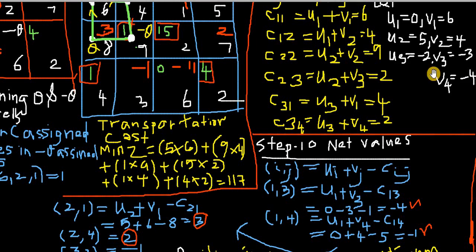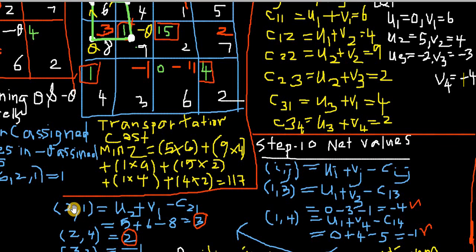It's not a minus 4, it is plus 4. So v4 is equal to plus 4, and therefore we are substituting there. Minus 5 is equal to minus 1.